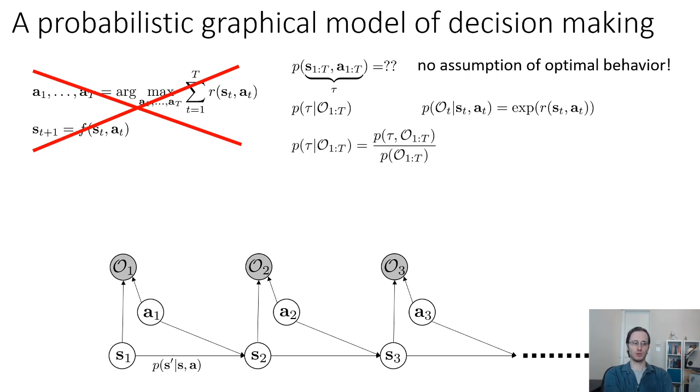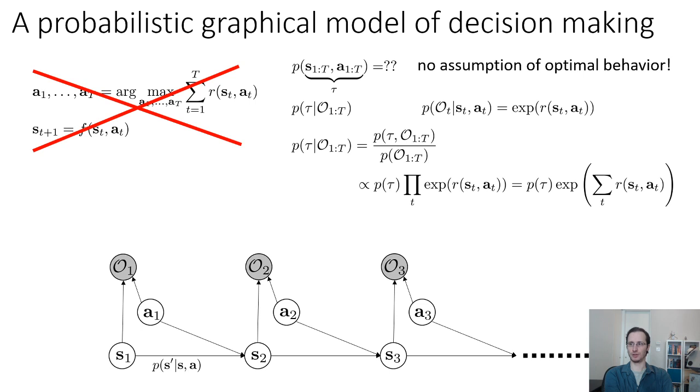All right, so now we've defined a probabilistic graphical model. It has dynamics, it has rewards. It seems like we can do Bayes rule style crunching and get out some distribution and see if the equation for that distribution is actually reasonable. So I'll plug in the definition of conditional probability to write P of tau given O1 through T as P of tau comma O1 through T divided by P of O1 through T. And then I can plug in all of the CPDs into this.